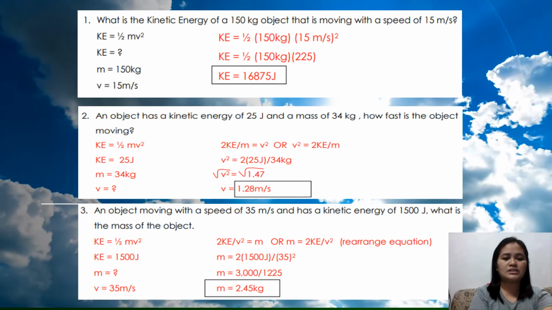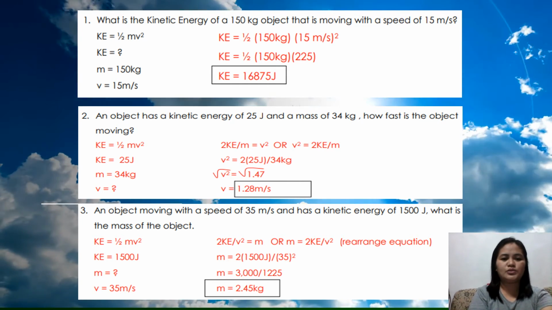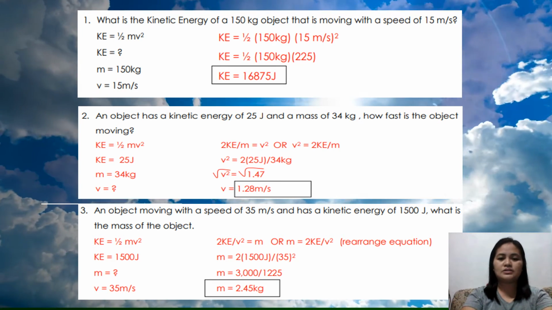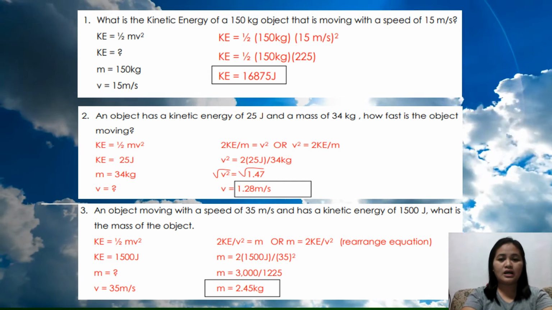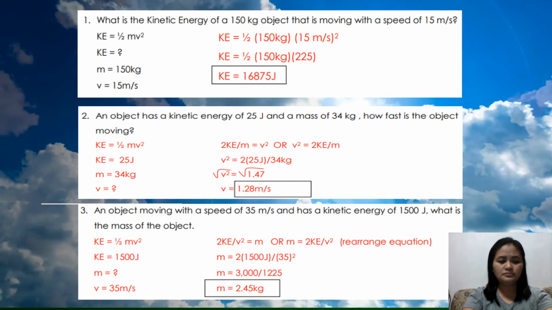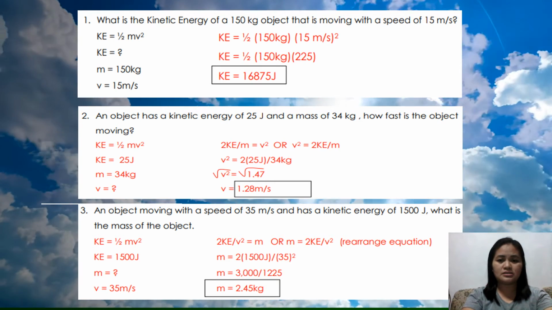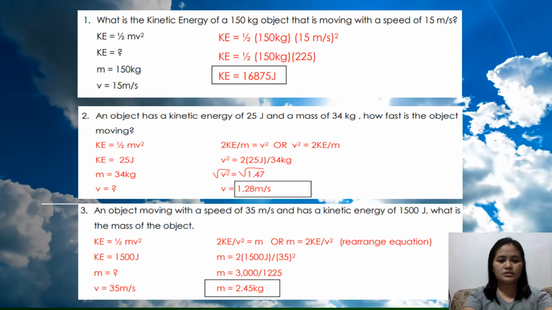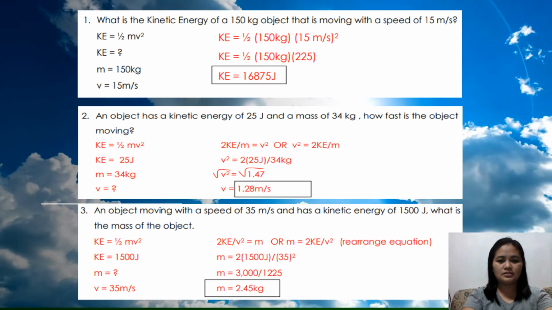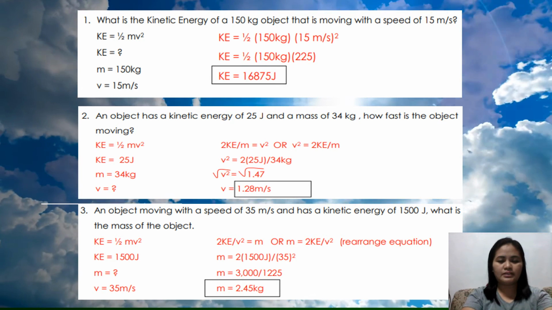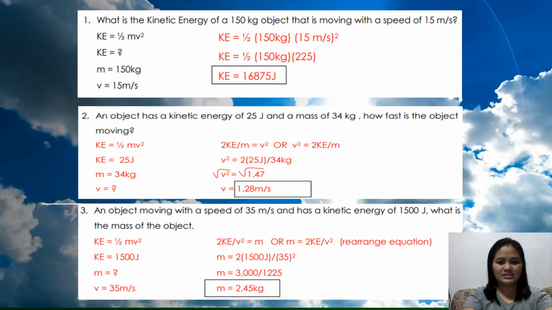Application. Sa number 2 naman, an object has a kinetic energy of 25 joules and a mass of 34 kilograms. How fast is the object moving? Pag sinabing how fast, speed or velocity. What is the formula for velocity? 2 KE divided by mass.